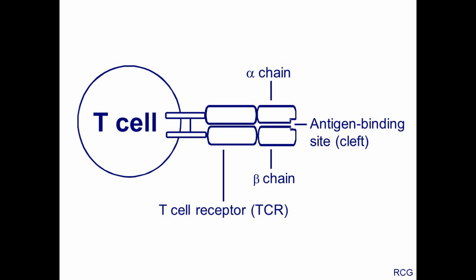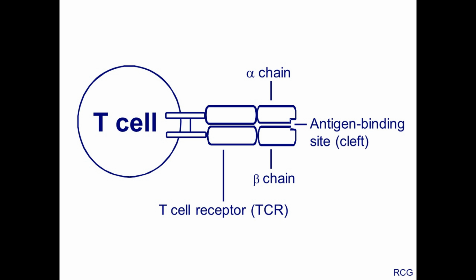While this T cell receptor is complementary to the foreign antigen, it cannot bind the antigen if the antigen is present as a free molecule. The T cell receptor will bind the foreign antigen only when it is combined with a self protein, which is known as MHC protein.